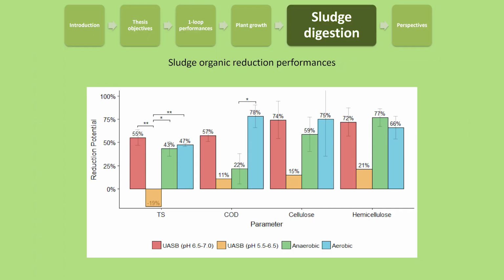The other ones, in red, are the UASB at the good pH, and we compare them to what we call our controls, our simple anaerobic and aerobic reactors. We can see that we are not that far from them. Even aerobic seems to be better for COD removal.